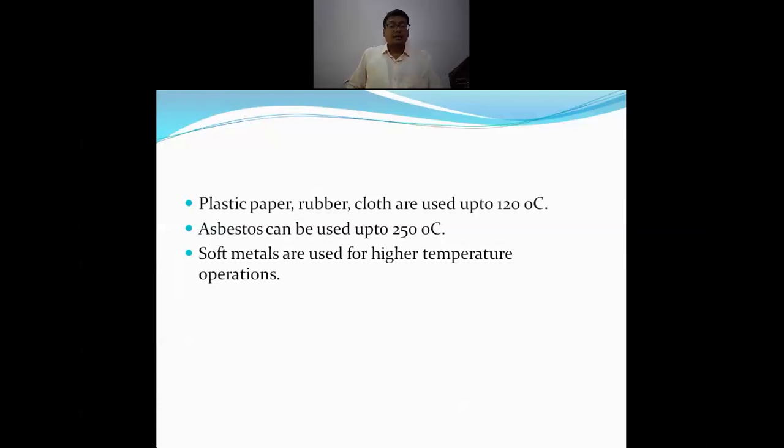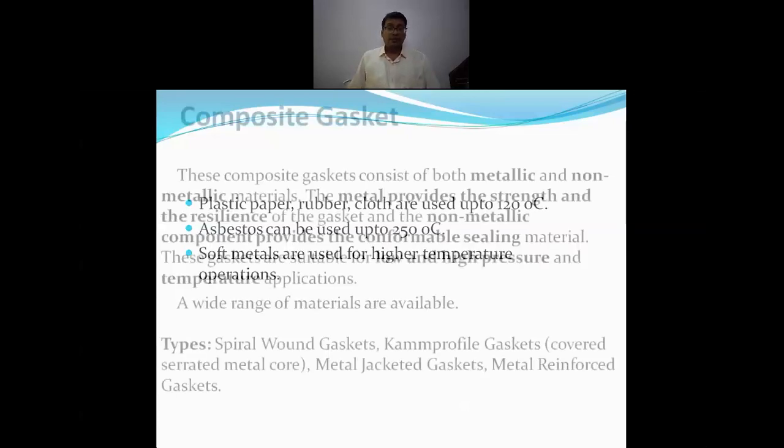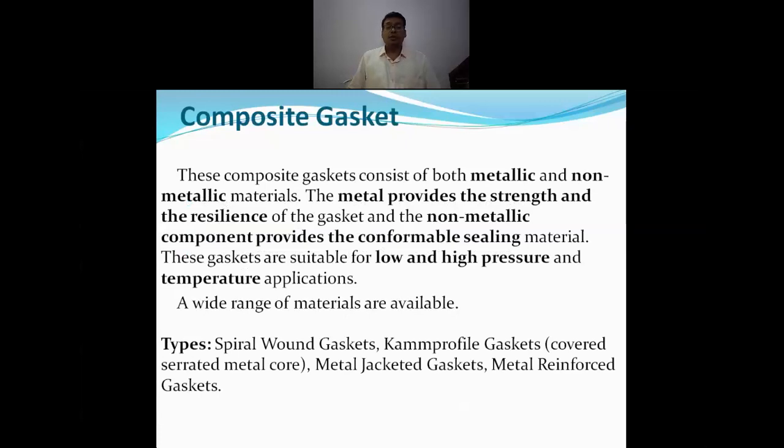The plastic, papers, rubber, cloth are easy to cut and they can be used up to 120 degrees Celsius or so. Asbestos can go up to 250 degrees Celsius. PTFE also can sustain a certain temperature. Soft metals are still used at a higher temperature, more than 400 to 800 degrees Celsius.